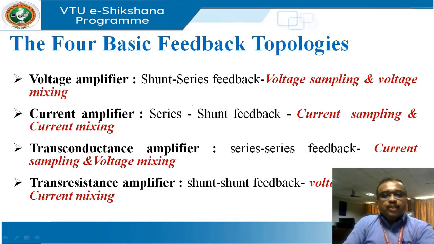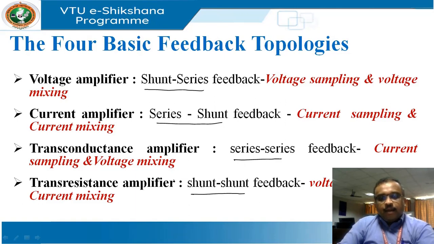And the four topologies are shunt series, series shunt, series series, and shunt shunt. If you please recall the point that I told, the first word in the topology name indicates the sampling part, and the second word indicates the mixing part.